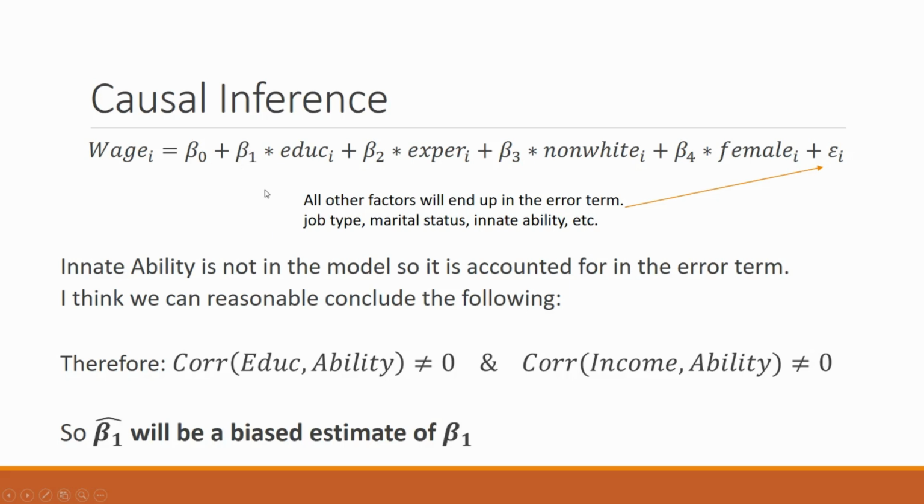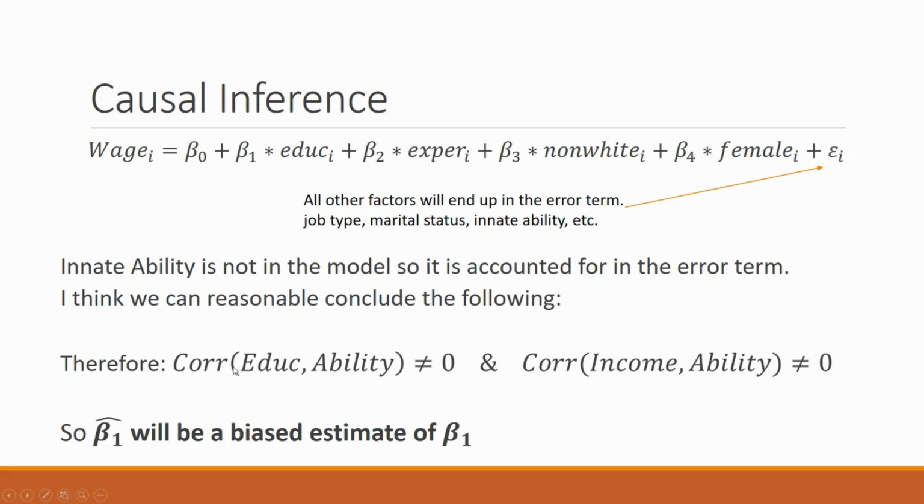All right, so let's think about that. I know that ability is not in my model. It's an omitted variable. Now the question is, will I have omitted variable bias? Well, what are the two conditions for omitted variable bias? What are the two things that would need to be true if there was going to be omitted variable bias?